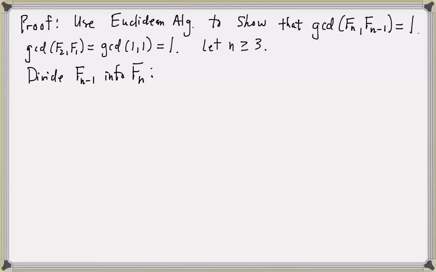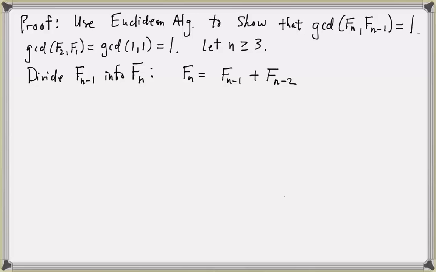But Fn equals Fn minus 1 plus Fn minus 2. And since Fn minus 2 is between 0 and Fn minus 1, this actually is the division algorithm for Fn minus 1 divided into Fn.